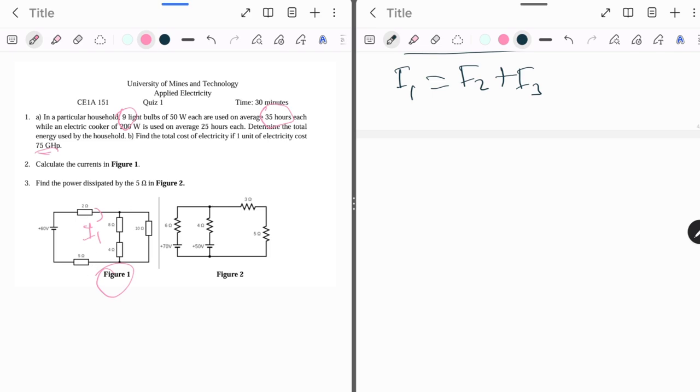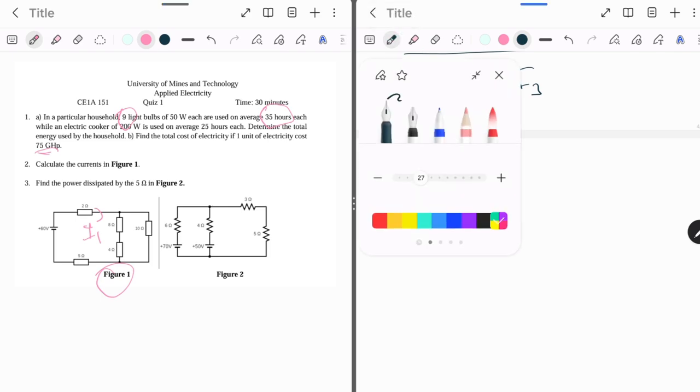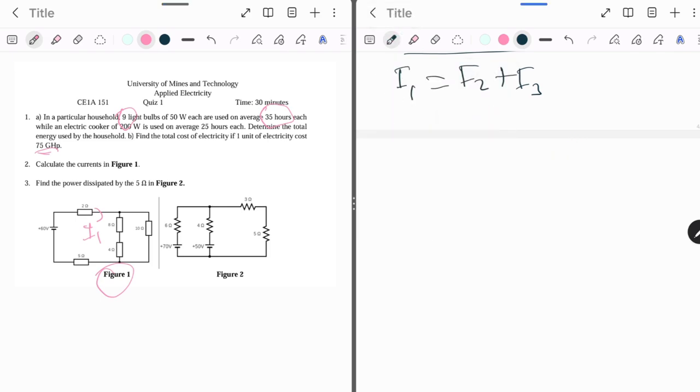When writing the current in terms of the voltage and the resistance, I1 will be equal to, because here we are starting from 60 volts, the current is flowing from 60 volts to node A, meaning VA.